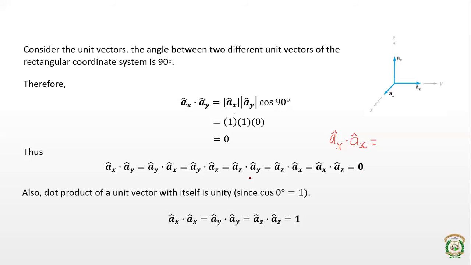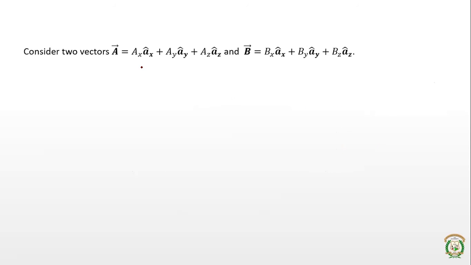So based on this, you can find the dot product between any two vectors, and you can get a very simple expression for that instead of using the angle between them. Okay, so what we do is we will take two vectors, vector a and vector b. You can represent in rectangular coordinates vector a as ax plus ay plus az. So ax, ay, and az are the x, y, and z components of vector a.